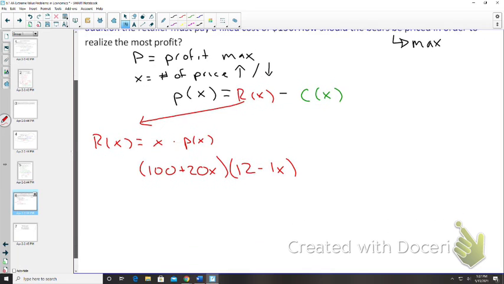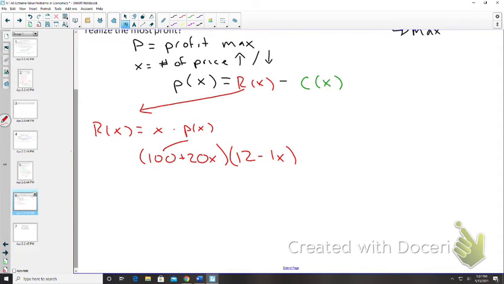Once we're at that point, let's expand this. So R of X is equal to 1200 minus 100x plus 240x minus 20x squared.